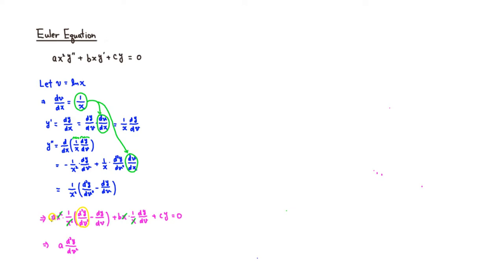So you have a here times negative dy over dv, and then you have a b times dy over dv. So if you combine that together, you're going to get b minus a dy over dv. And then the rest is plus cy is equal to 0. So that takes care of the remaining term.